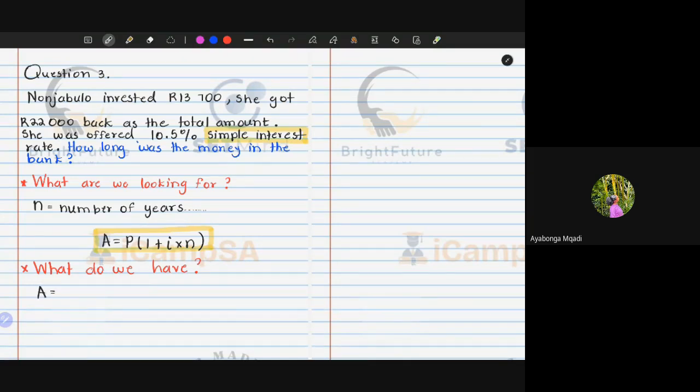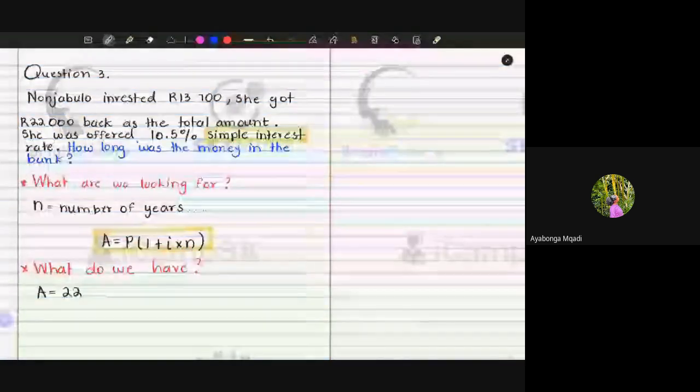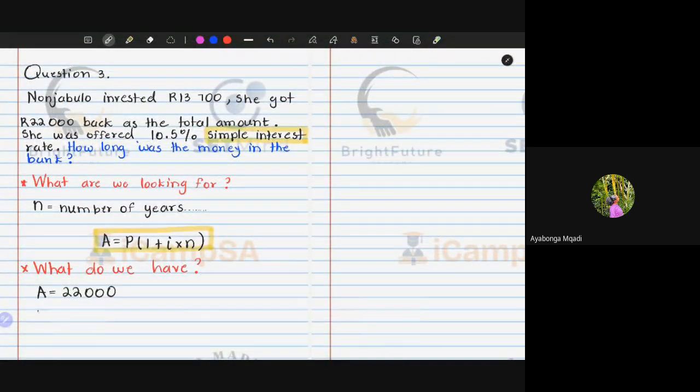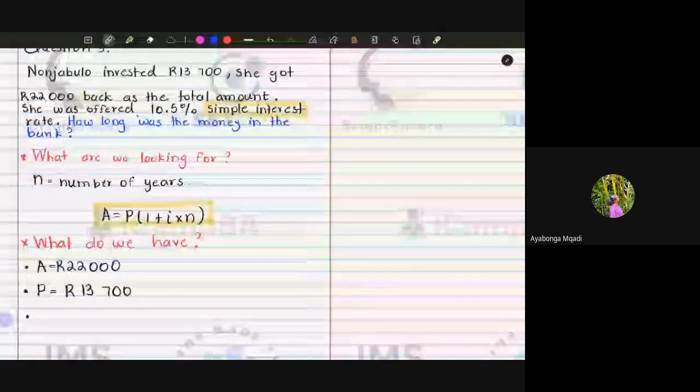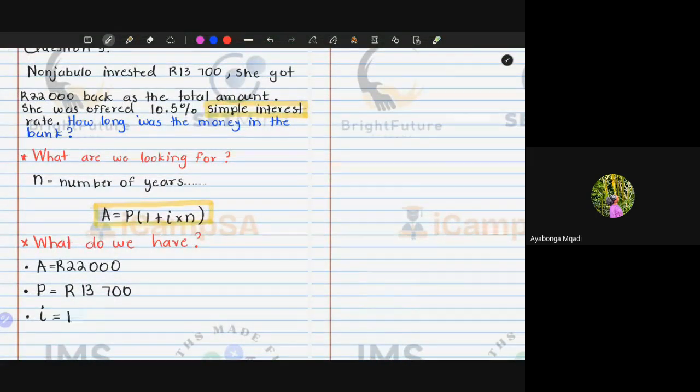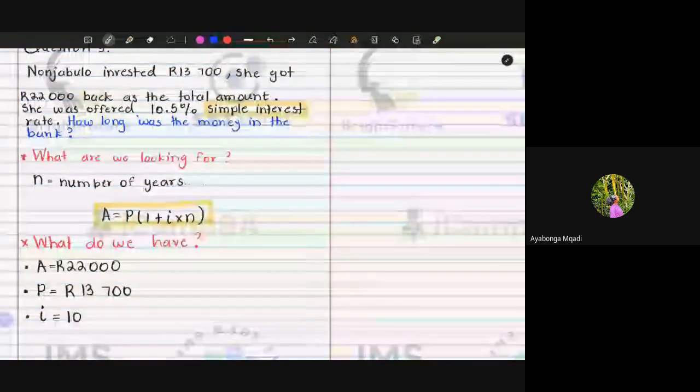We have P, which is 13,700, and I, which is 10.5%. So let's quickly put these up. So we have A, which is 22,000 rands, and we have P, which is 13,700. And what else do we have? We have I, which is 10.5%.